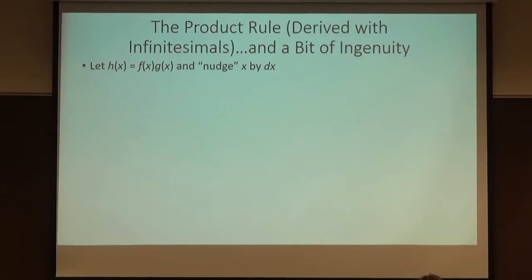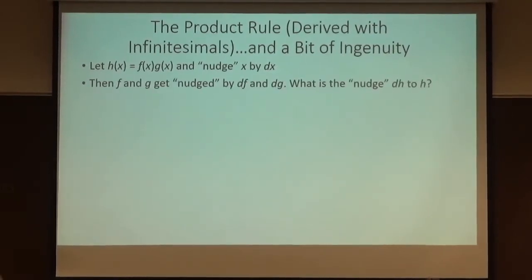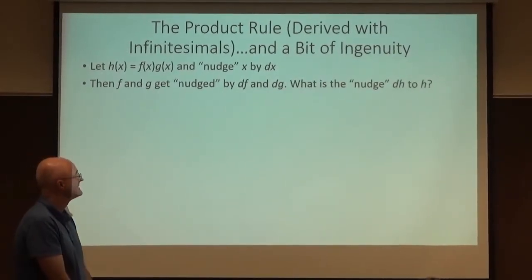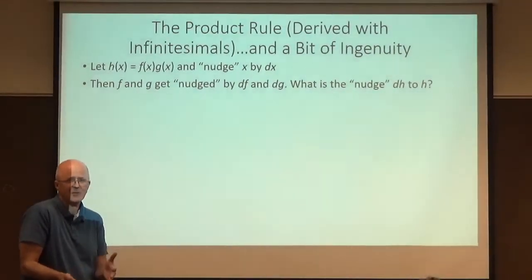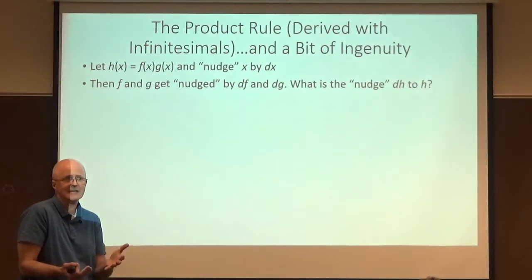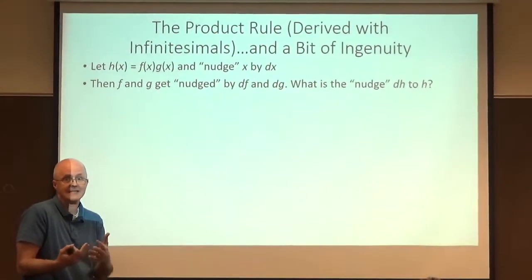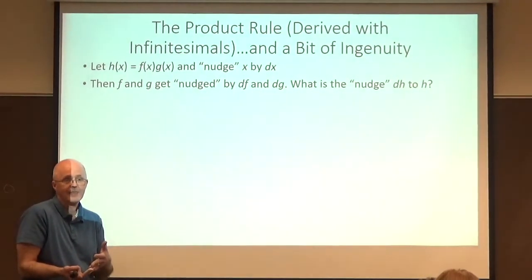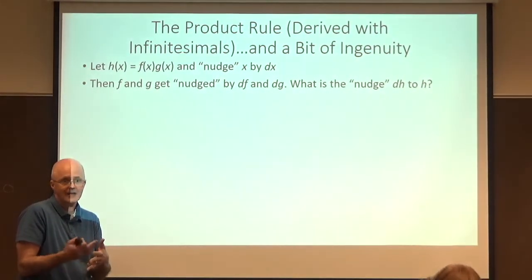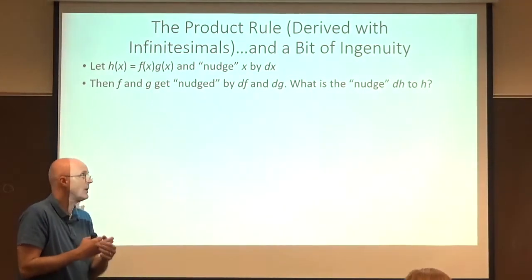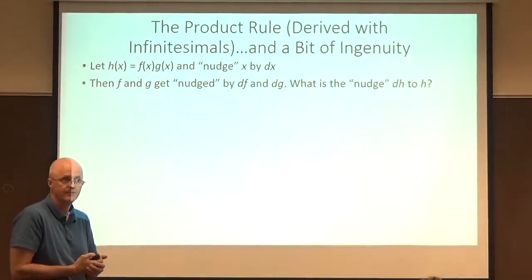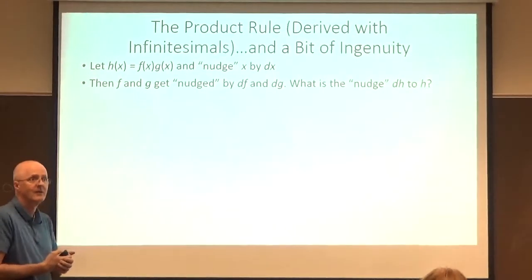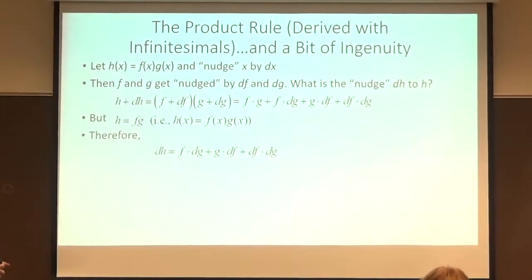I am using df and dg instead of dy because there are two functions being multiplied, so it's more convenient to use the df and dg infinitesimals rather than say dy. And in Three Blue One Brown's video by Grant Sanderson, that's the kind of notation he uses. I'm going to skip this slide. It's there for you, you can look at it.